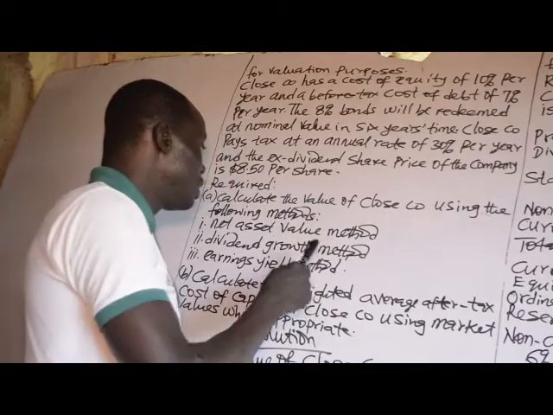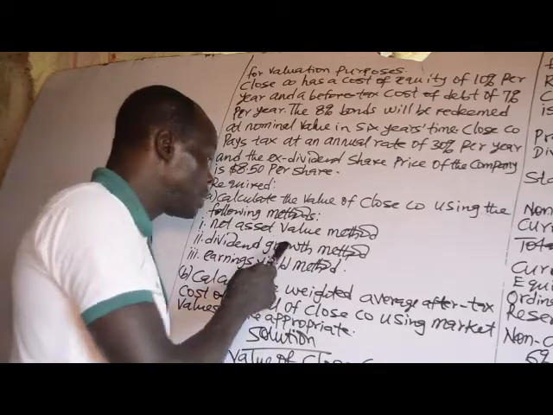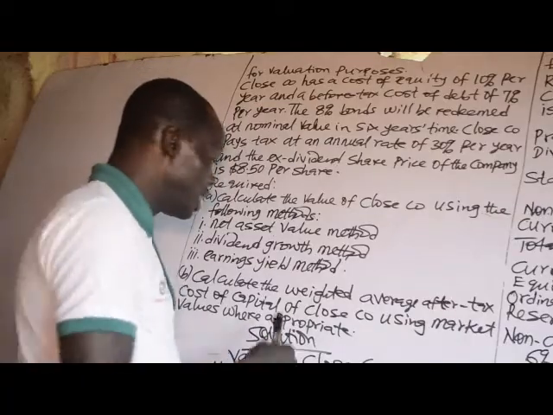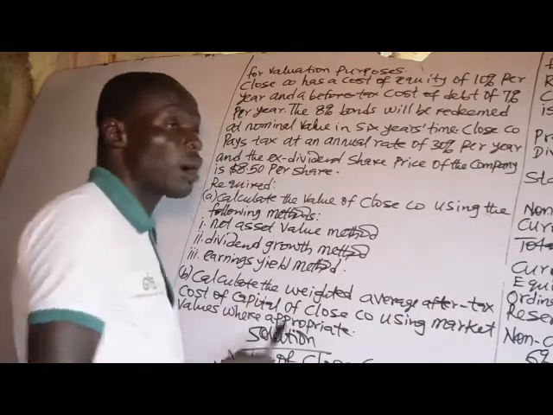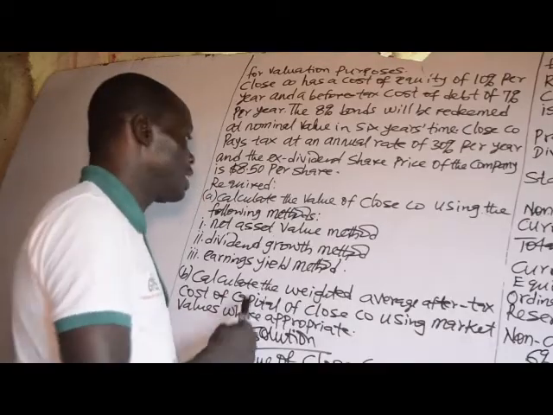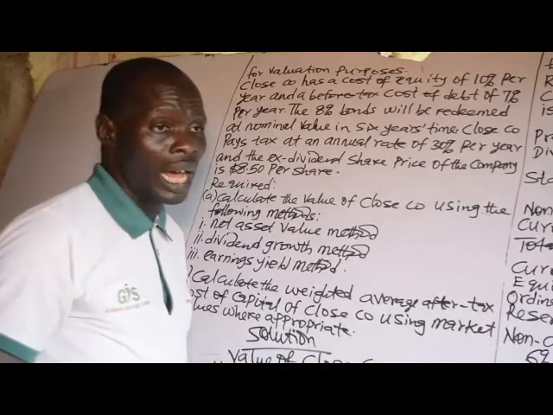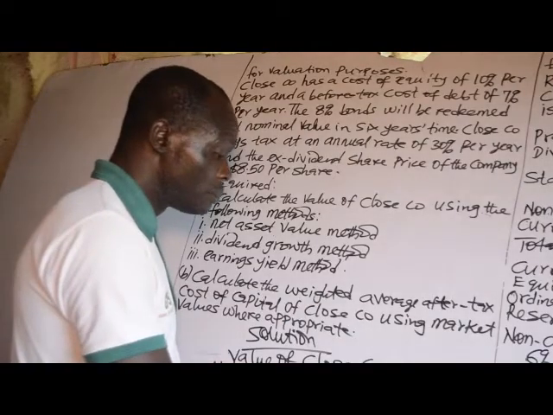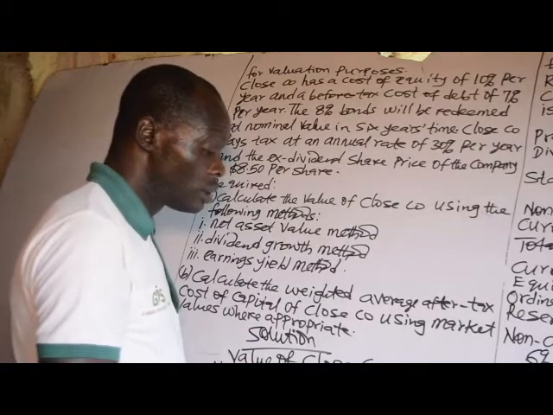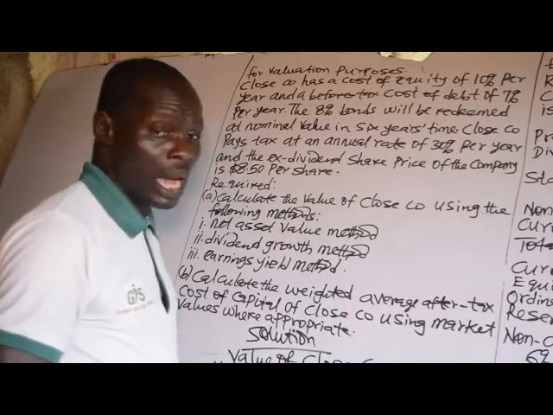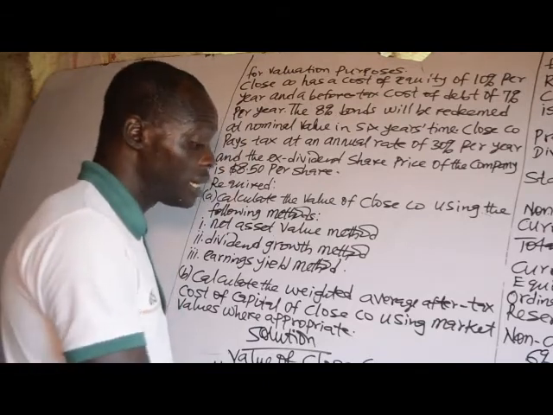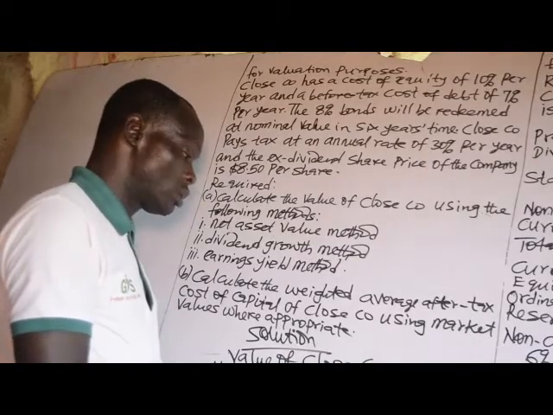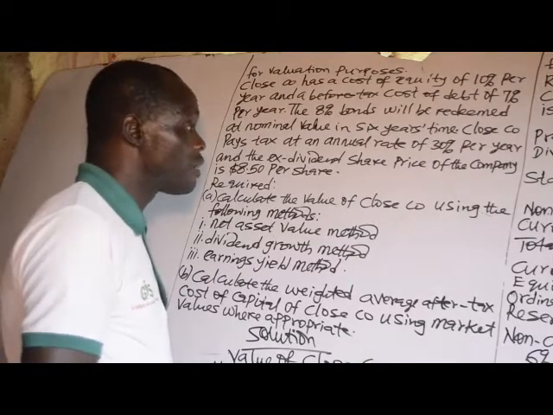Remember, if you have watched my earlier presentation on valuation of business, where the net asset method was comprehensively examined, you will agree with me that whenever the market value, realizable value, or replacement price is not given, then the book value method should be used. Now we are going to use the book value of the asset.